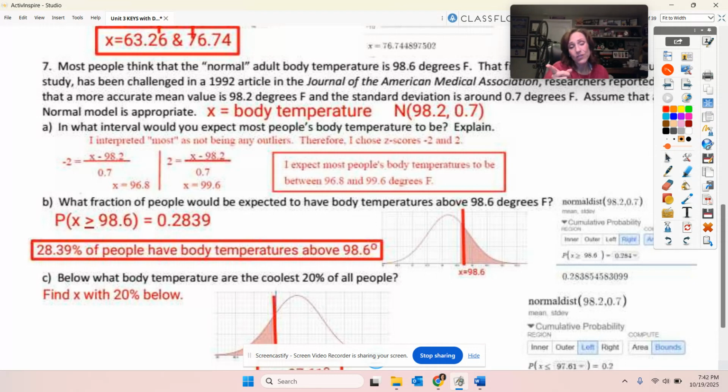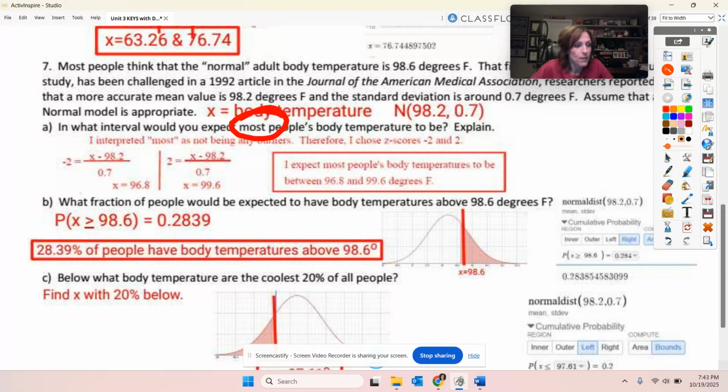I will say for question A, I was like, what does most mean? Maybe you put just one standard deviation, and if you did, fine. If you put 2 standard deviations, I did that. Some people have done 3. So I should clarify that. That's not a standard thing you should know. I don't think most is... it's definitely more than 50%.